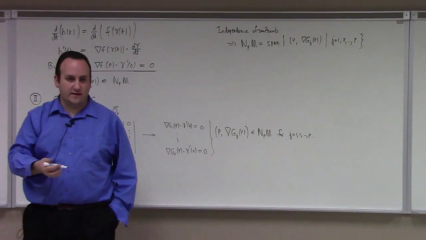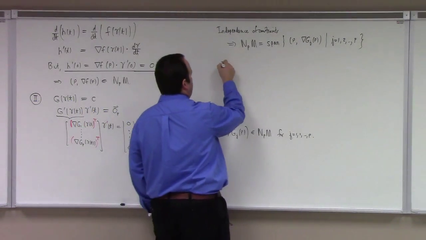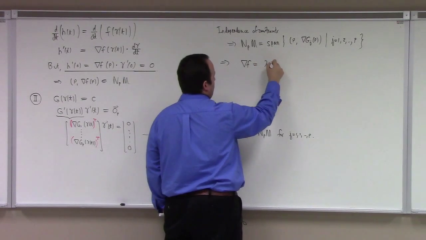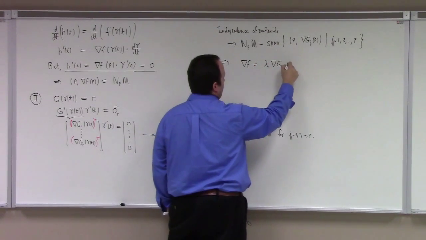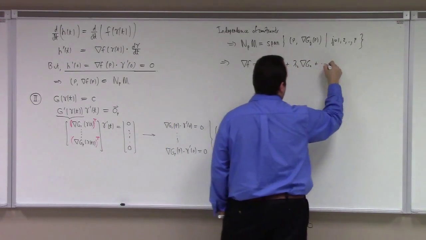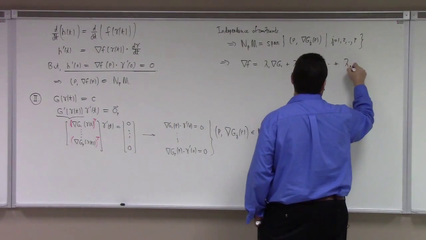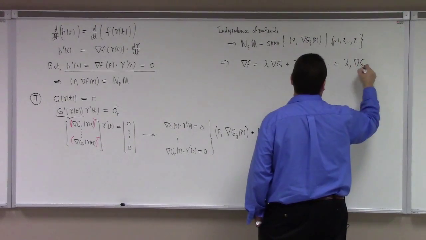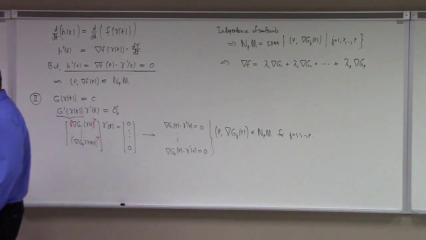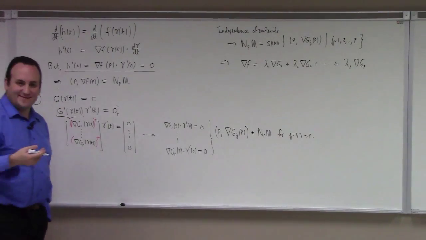And so you can write that the gradient of F is equal to something like lambda 1 gradient of G1 plus lambda 2 gradient of G2 plus and so on plus lambda P gradient of GP, at the extremal point.